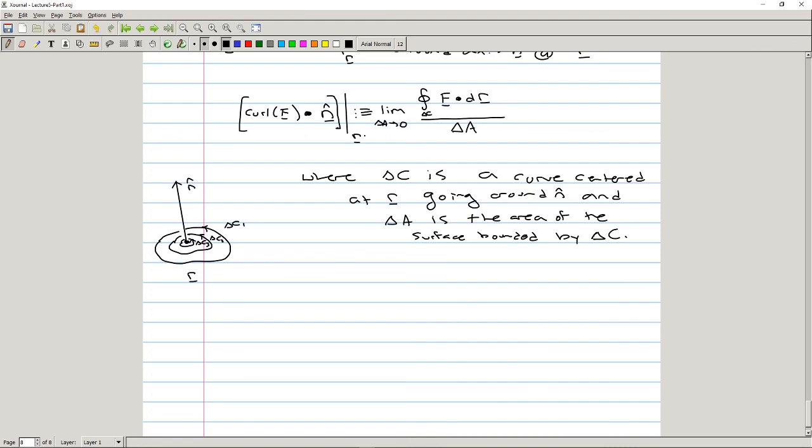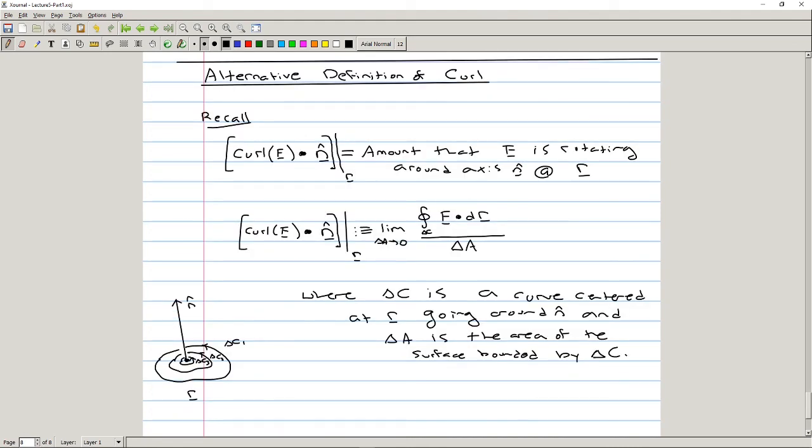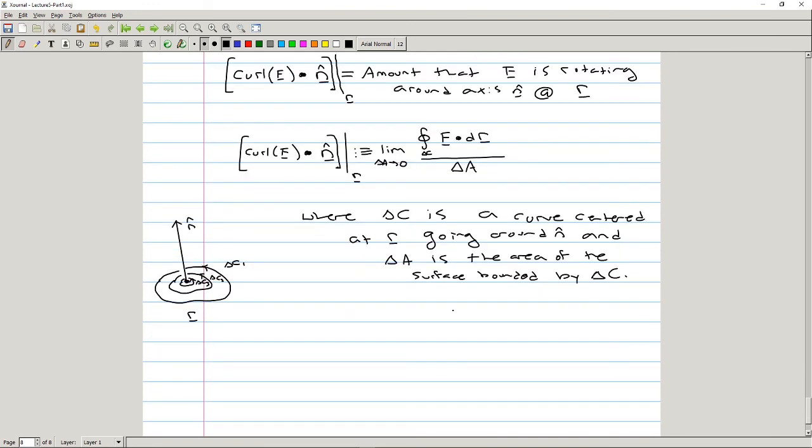And we're going to see that this definition of curl is perhaps actually better than the previous definition of curl, and more importantly, it's exactly equivalent to our previous differential definition of curl, as long as F is smooth enough.